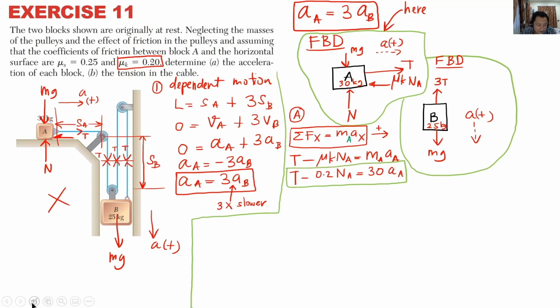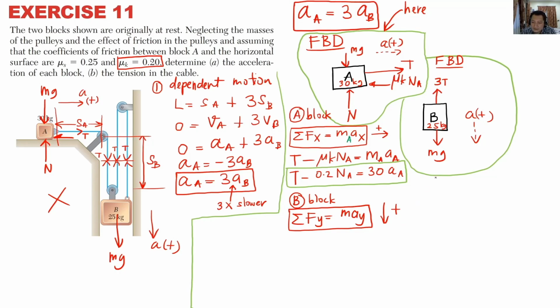Now we're going to look at block B. This one was A block. So B block, summation Fy is equal to M AY. So going down is positive.